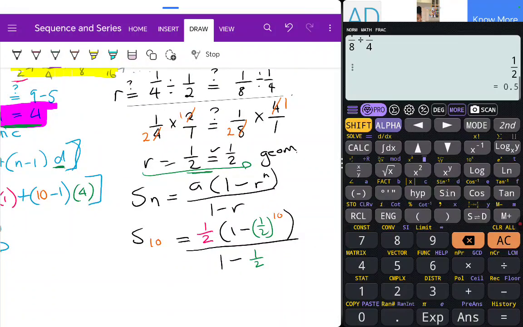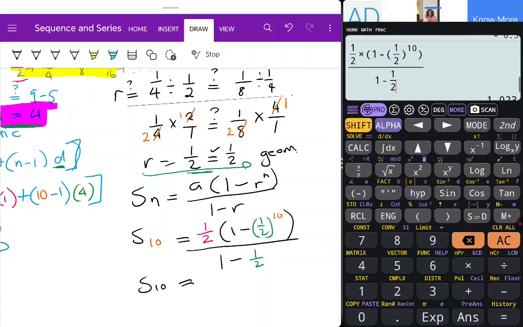Now again, you can just pop that straight into your calculator. So let's go. We start with a bracket. Numerator is 1 over 2, open bracket, 1 minus, open bracket, 1 over 2, close bracket, exponent 10, close bracket, denominator 1 minus 1 over 2.